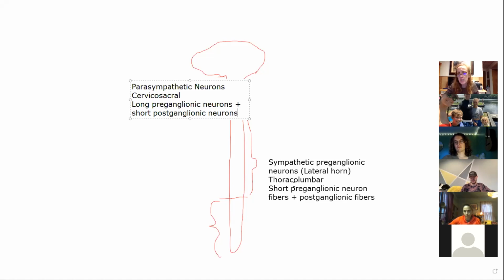So right down here, I missed a word. Right down here, it should say short preganglionic neuron fibers and long postganglionic neuron fibers.